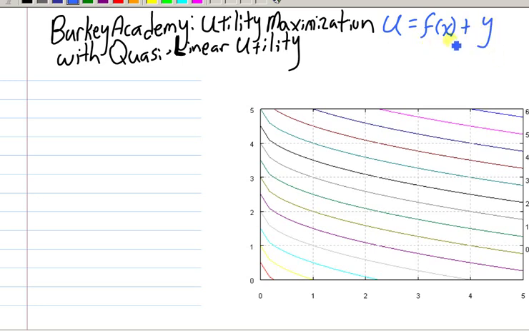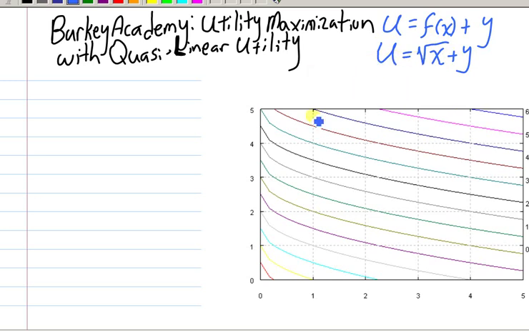But typically this f of x will be a concave function. The simplest example, and that's what we're going to look at right now, is utility equal to the square root of x, x to the 0.5, plus y. This would be a very simple kind of quasi-linear utility function.